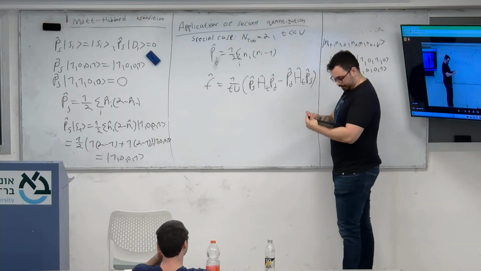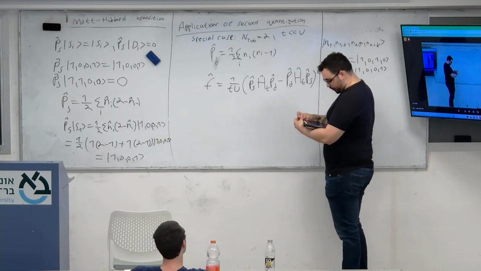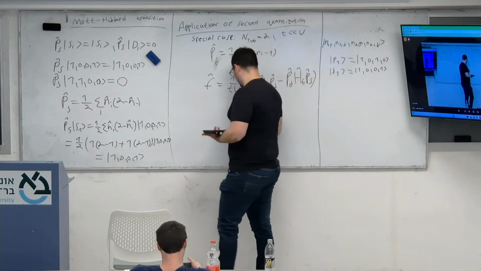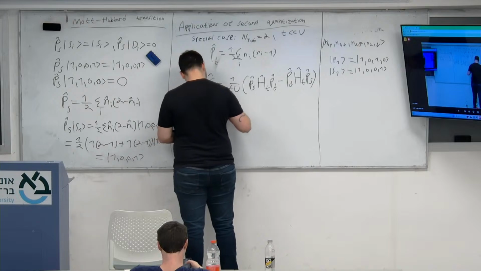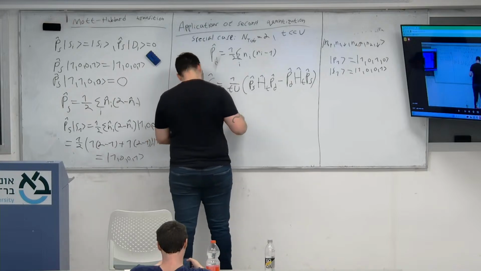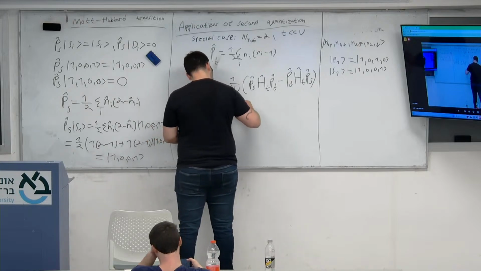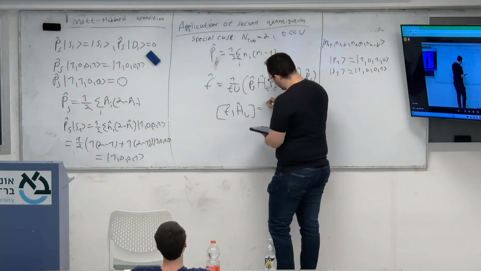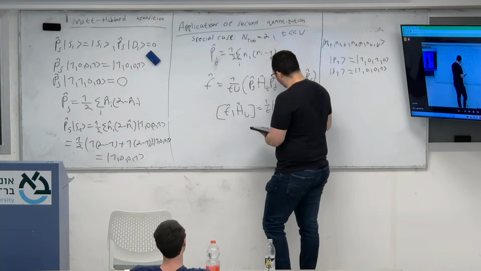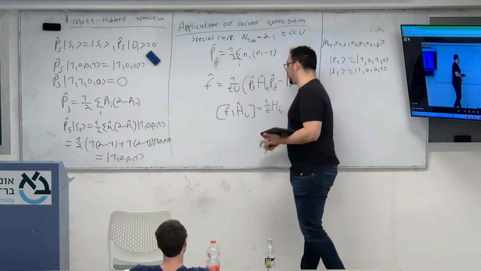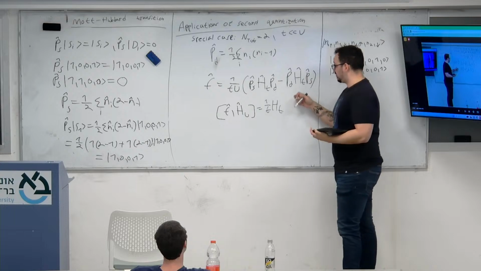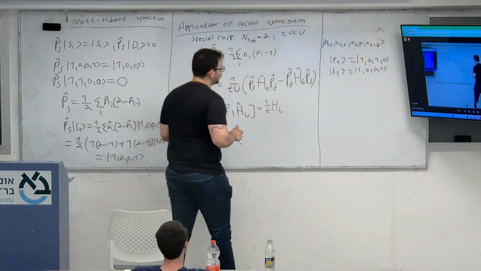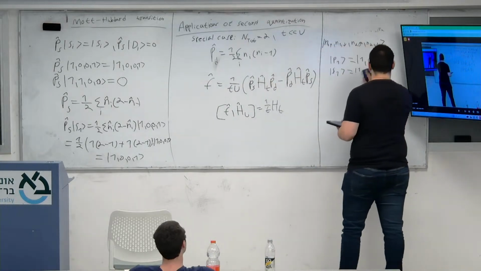And in your homework, you will show that the commutator of F with H_U equals 1 over T H_T, which is the actual reason why we picked this operator. But again, you'll show it in your homework. Okay.